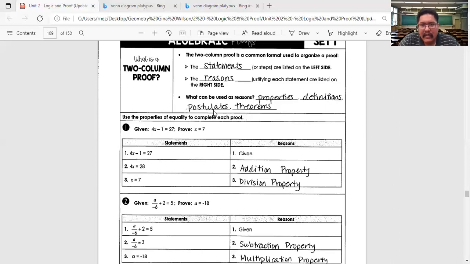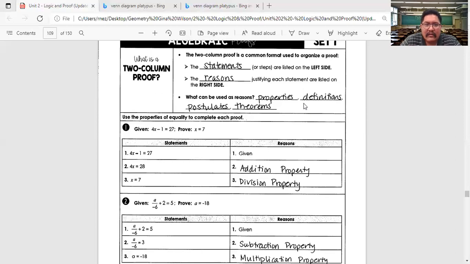You also have postulates, like angle addition postulate, segment addition postulate, and a couple of other ones. There are also theorems. Since most of you are retaking geometry, this is a review course, and you're probably familiar with the Pythagorean theorem, a squared plus b squared equals c squared. Those sorts of things can be used as reasons.